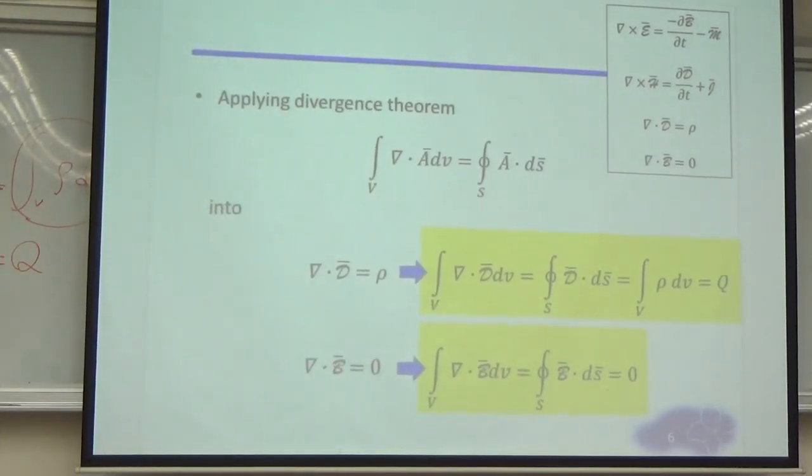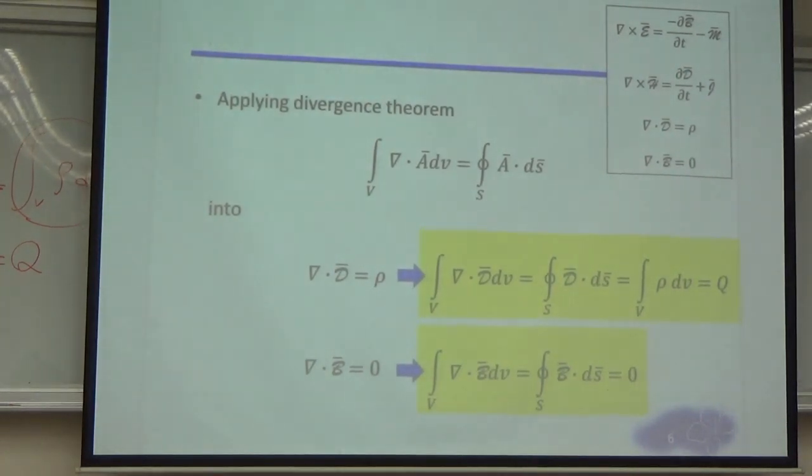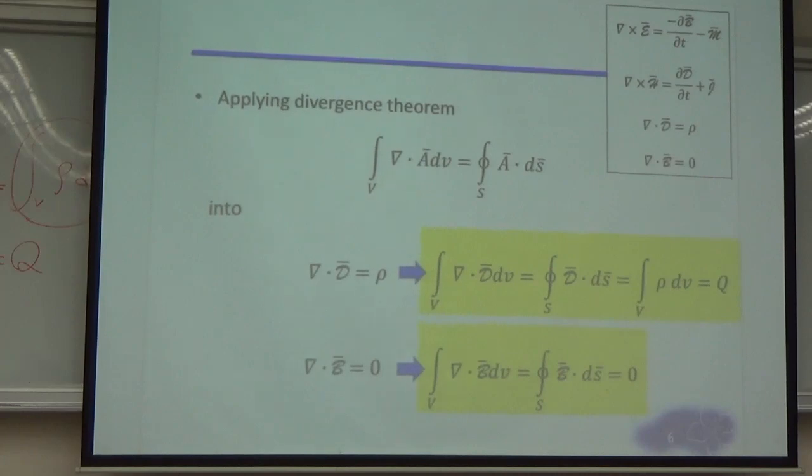So this one can become the vector function D, take the surface integration, D dot dS, will equal to Q. This is the thing I'm trying to explain.